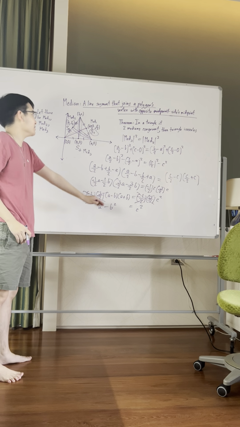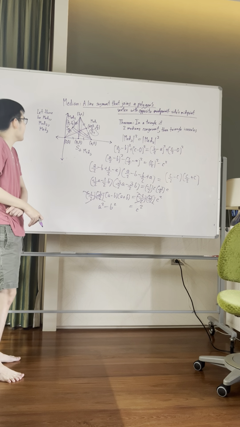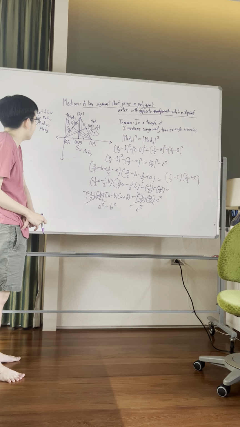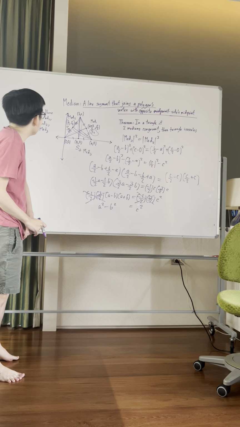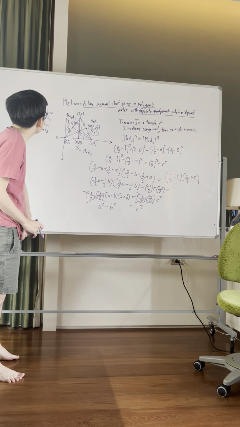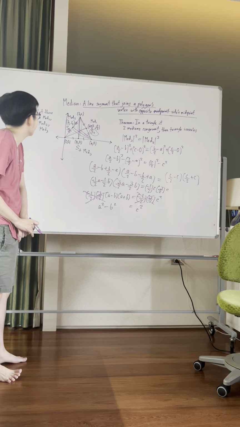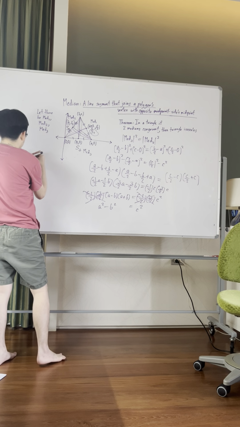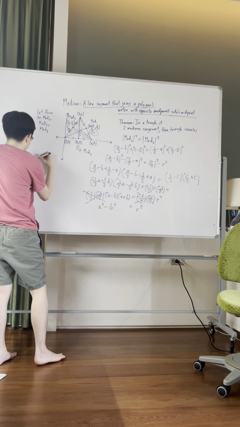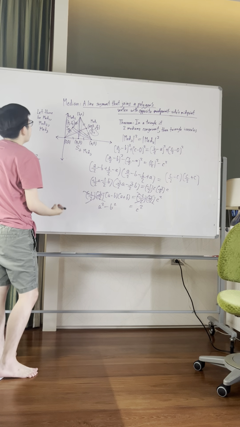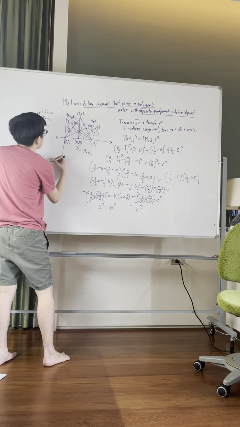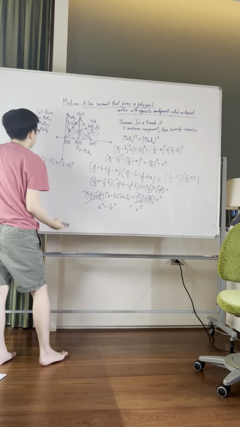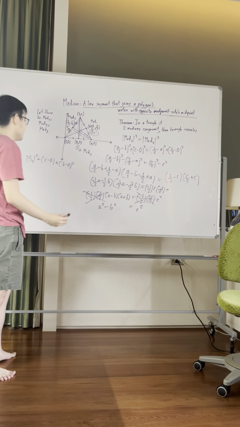Now, how is that useful for us? Let's take a look at the sides of the triangle now. Actually, let's do c squared first. Where do we see c squared here? If we take a look at the value of s2 squared, that's basically (c minus 0) squared plus (b minus 0) squared. And we take a look at s3 squared.